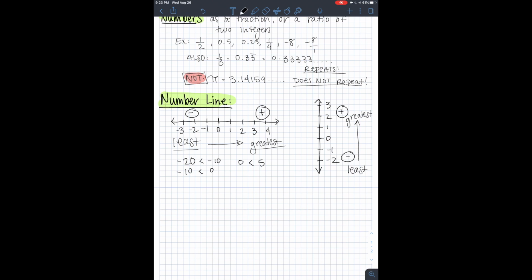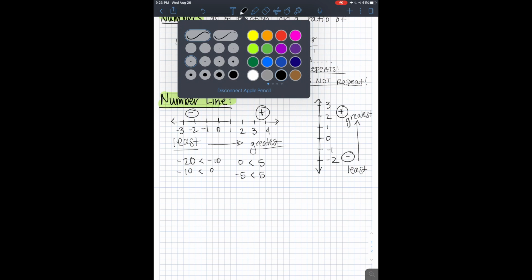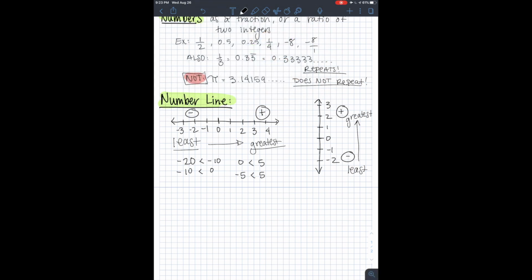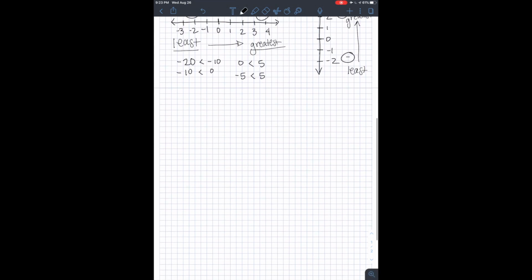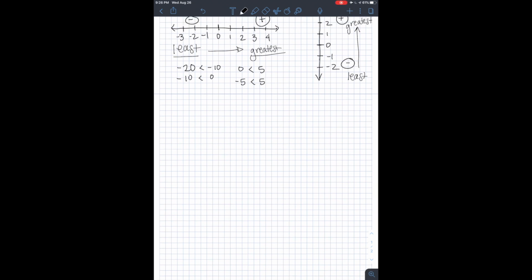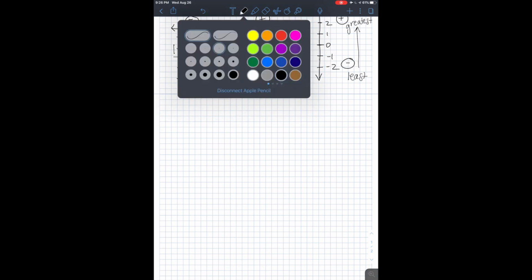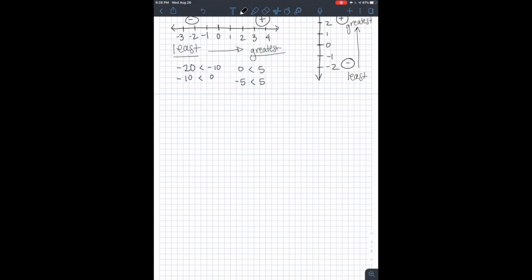Even though 20 looks bigger than 10, because of the negative sign, that means there's less. So negative 20 is less than 10, negative 10 is less than 0, 0 is less than 5, and negative 5 is less than 5. We could also write negative 20 is less than 5, even though that value 20 seems like it would be bigger than 5, because of the negative sign. That means that it's less, because we're on the left side of the 0 on the number line.